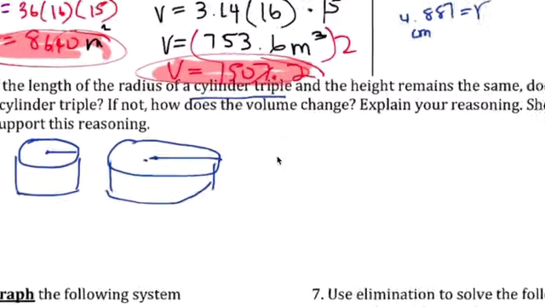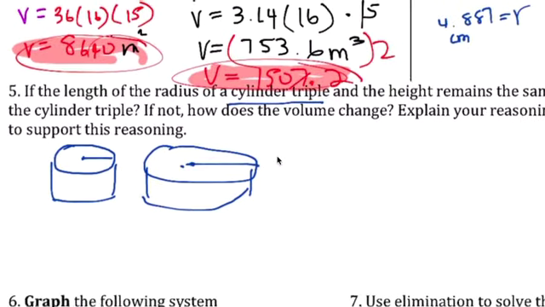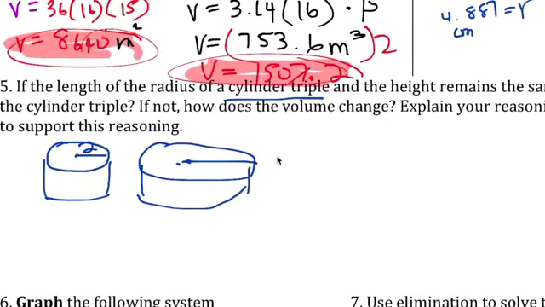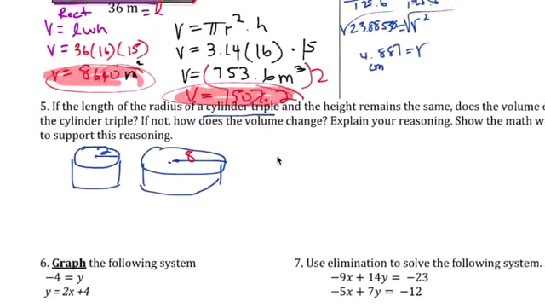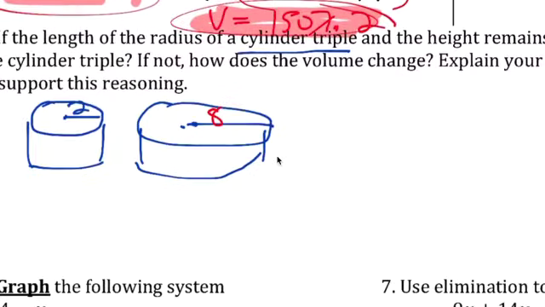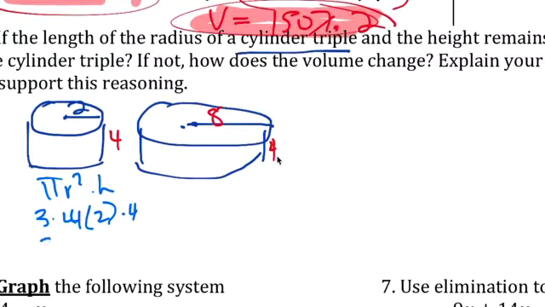Okay, so we want to know if it's triple. So let's say 2, tripling it would be 6. This stays the same. Let's make it 4. So this is pi r squared times height, 3.14 times 2 squared times 4.